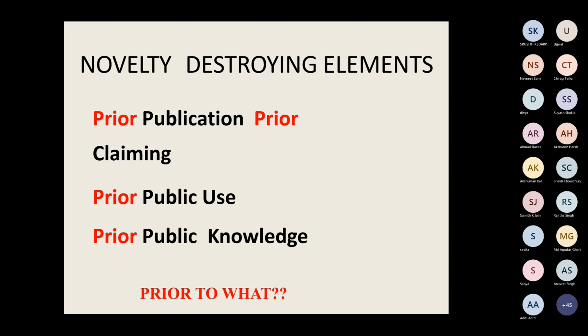Next is prior public knowledge, because some things you see have not been published and have not been used, but they are known to the public. And also before the date of your filing. So that is prior public knowledge. All these four elements destroy the novelty. So if any of these elements can be established by the examiner, it can be said that your invention is not novel. Fine. Proceed to the next one.